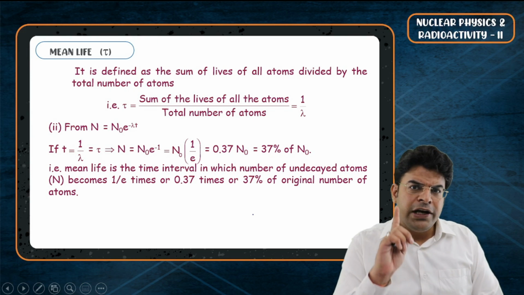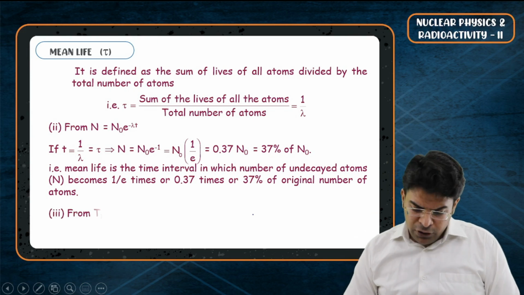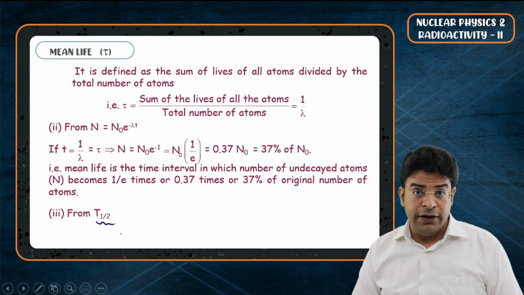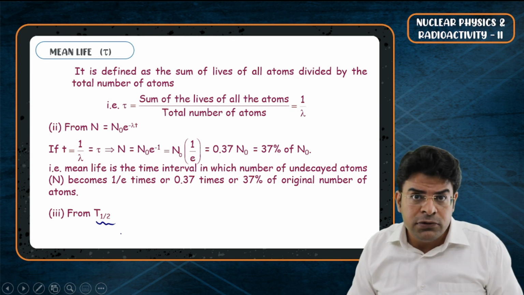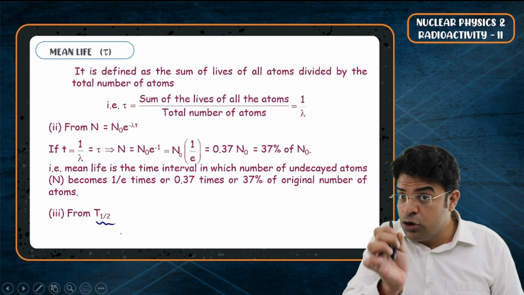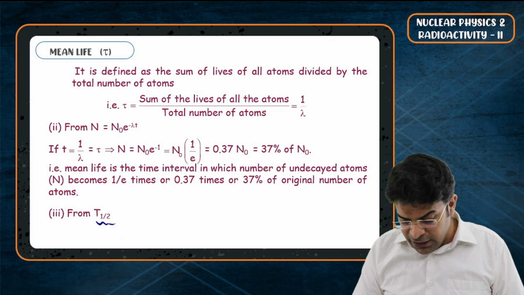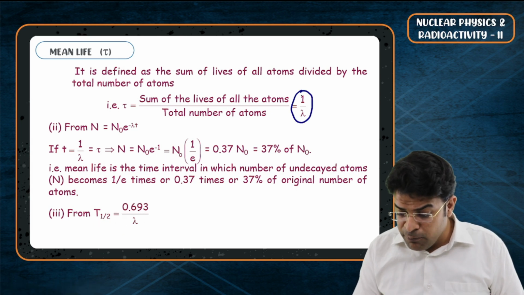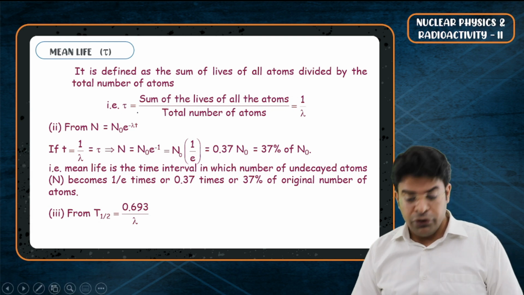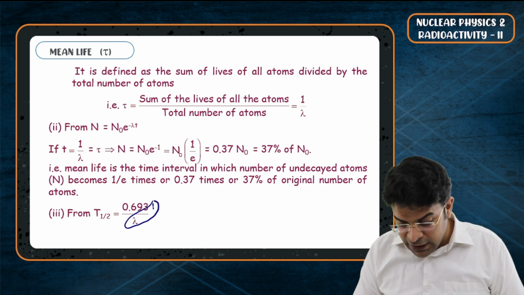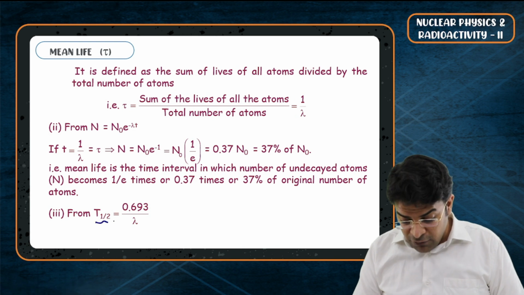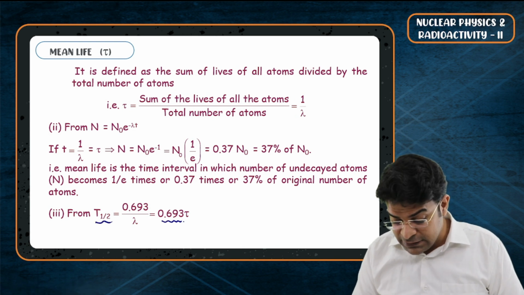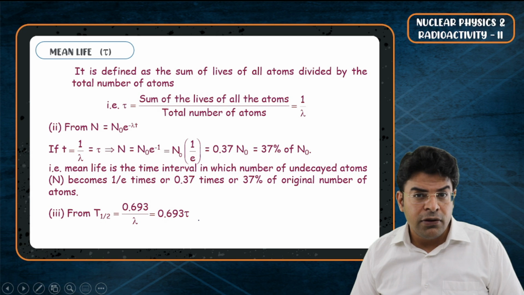Now beta, you need to understand one more thing. We know that T half, the half-life, equals ln2 by lambda, and ln2 can be written as 0.693. So you can say that T half equals 0.693 by lambda, and we know that 1 by lambda is equal to mean life. So here you can think of 1 by lambda as mean life and write the half-life equal to 0.693 times the mean life.